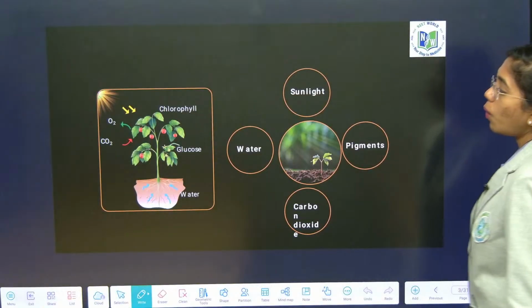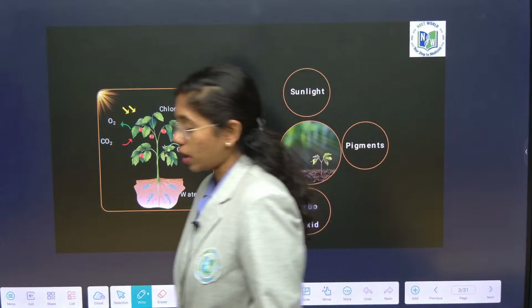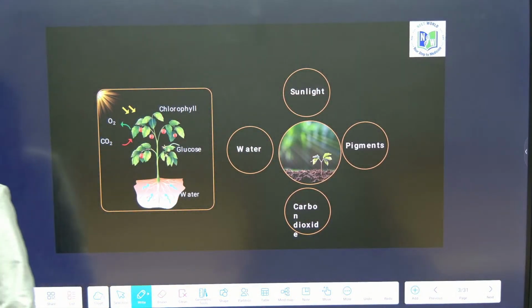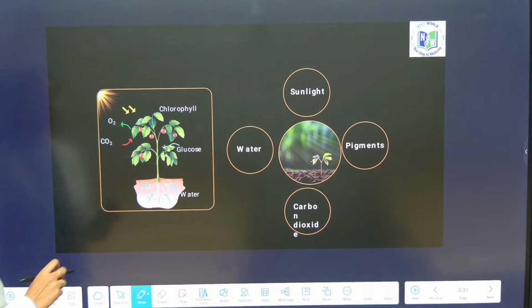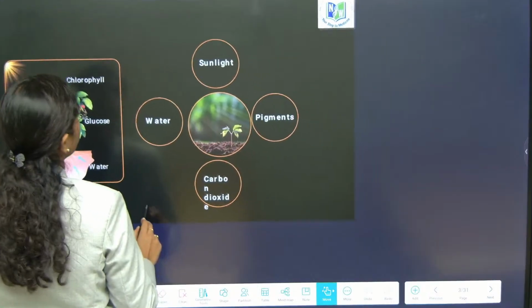first, what are the raw materials of photosynthesis? How does photosynthesis occur? This we will learn by taking a standard equation of photosynthesis. See here.